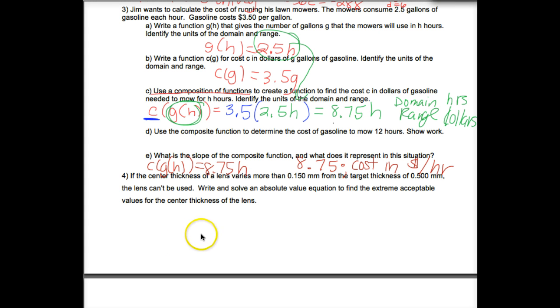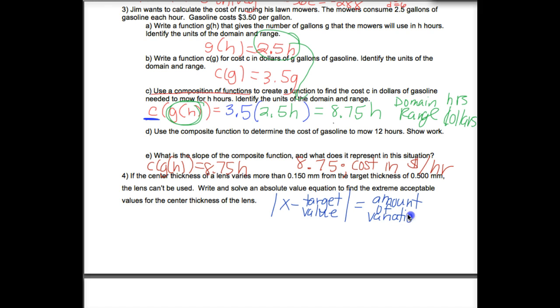All right. This we've done quite a few of, and that is real life situations, writing our absolute value. Remember what we said before, that the format for writing an absolute value is variable minus target value inside the absolute value, and on the outside of the absolute value is the amount of variation.